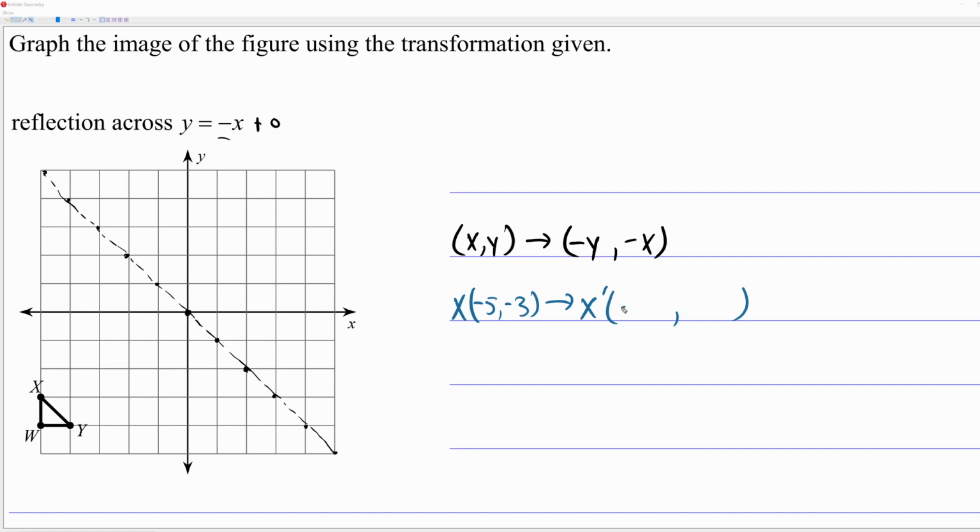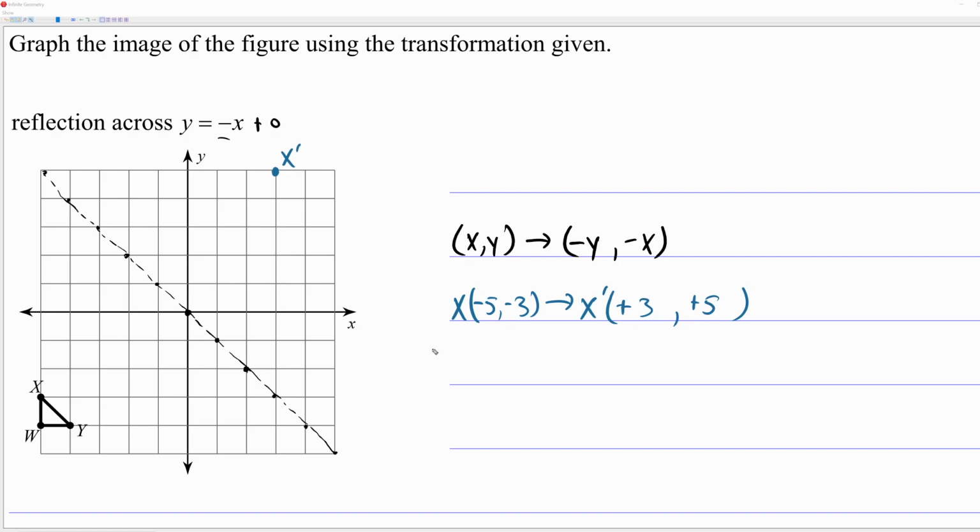So you're going to put negative 3, negative 5. But then you multiply by negative 1. You change their signs. So that's going to change to 1, 2, 3, 1, 2, 3, 4, 5. So x prime is going to be there. Do this with all 3 points.